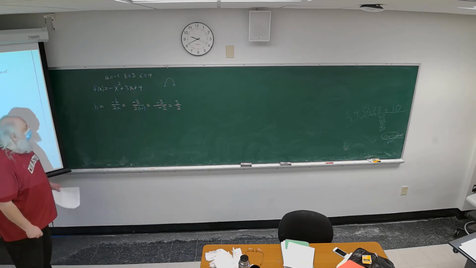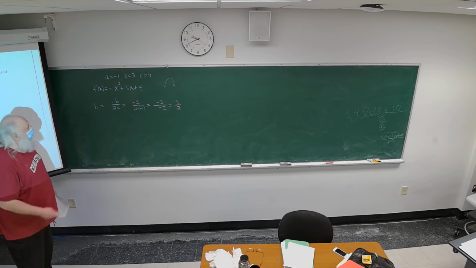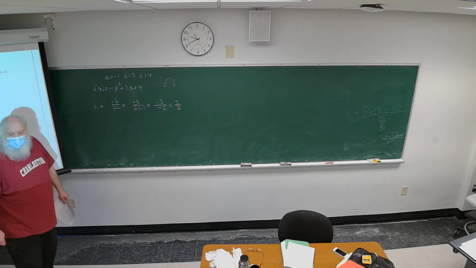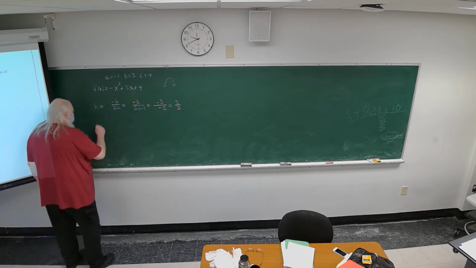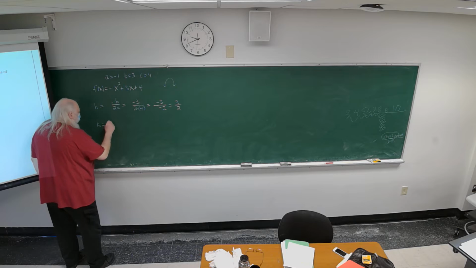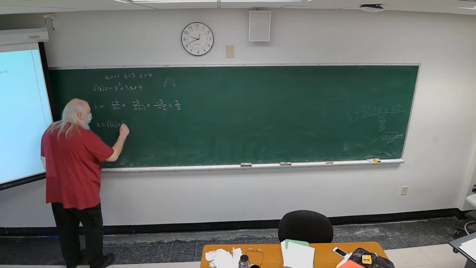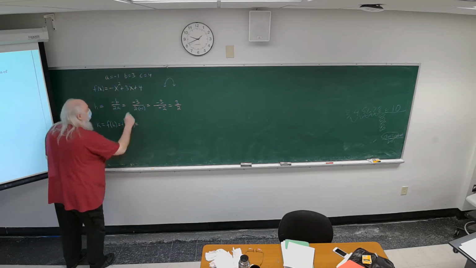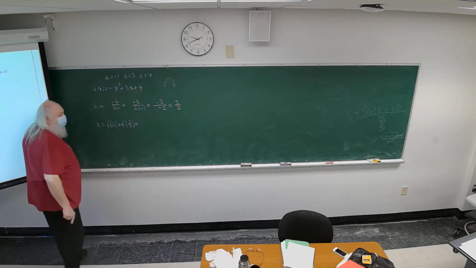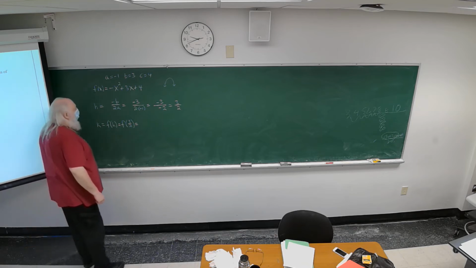So the x coordinate for the location of the vertex is equal to 3/2. The y coordinate is equal to k, and k is equal to f of h, which is f of 3/2 in this case. So we put 3/2 in for x here on the right-hand side of the function.